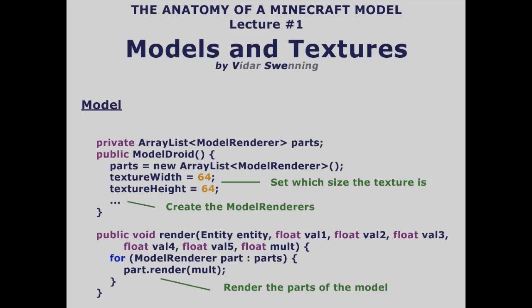Remember that it has to be a multiple of 2, so it can be like 2, 4, 8, 16, 32, 64, and so on, but it can't be like 42. And there where the 3 dots are, we have to create the different model renderers that are basically the different parts of the model itself.